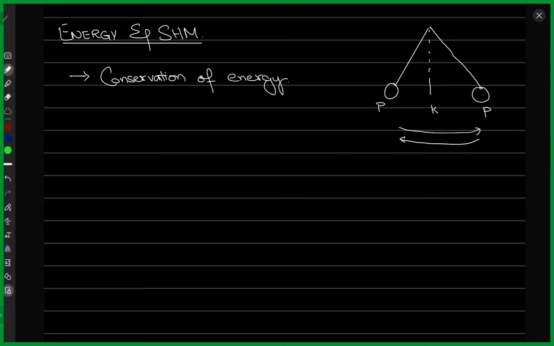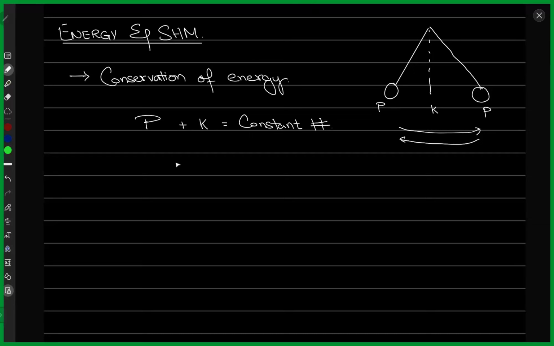It is a constant, it does not change. The total energy of our system does not change. So if I take the potential energy and the kinetic energy, the sum of this will be a constant number, right? And this number will not change.